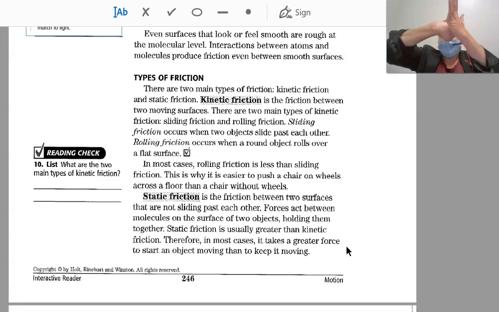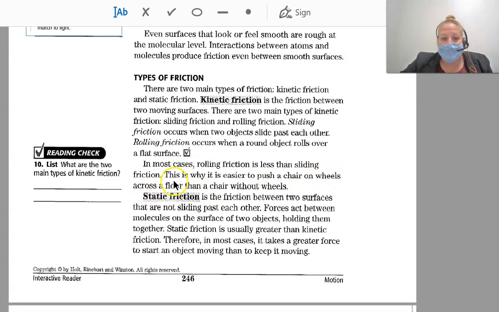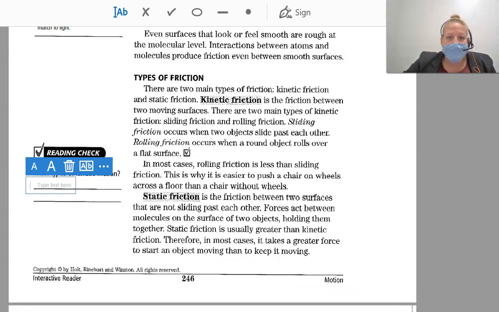So it's rolling over a flat surface. Okay? In most cases, rolling friction is less than sliding friction. This is why it's easier to push a chair on wheels across the floor than a chair without wheels. List the two main types of kinetic friction that we just talked about: sliding and rolling.